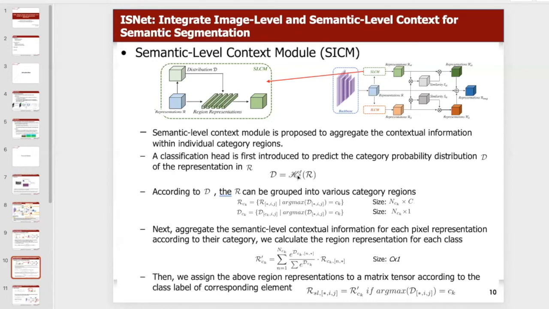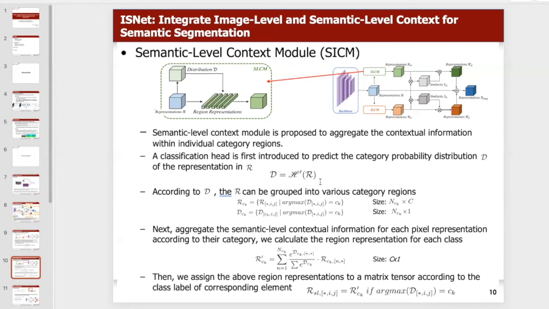Is that what the H prime operation does? Yeah. Okay, so how is that D calculated? It is achieved by one-by-one convolution. Actually, the difference between R and D is the channel.